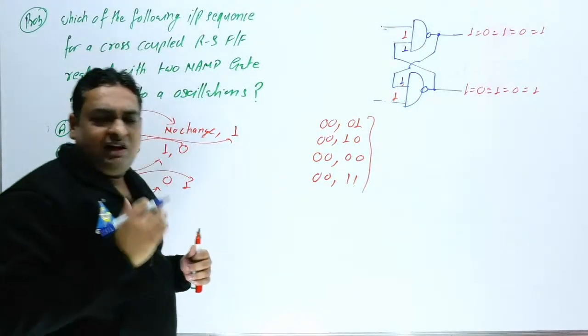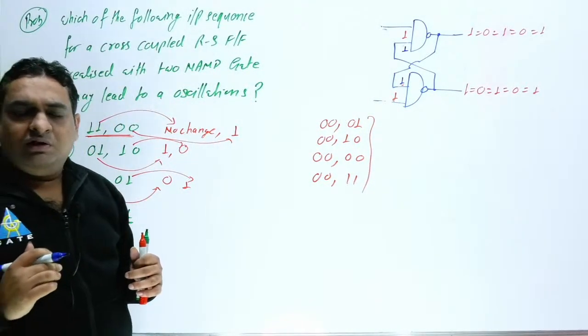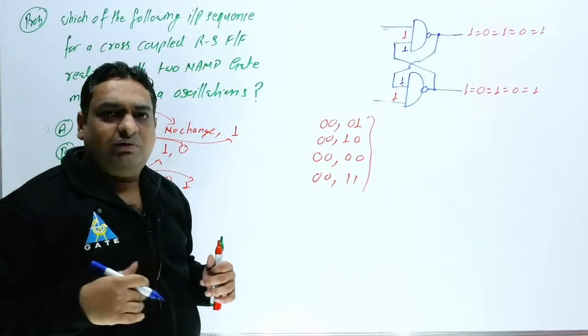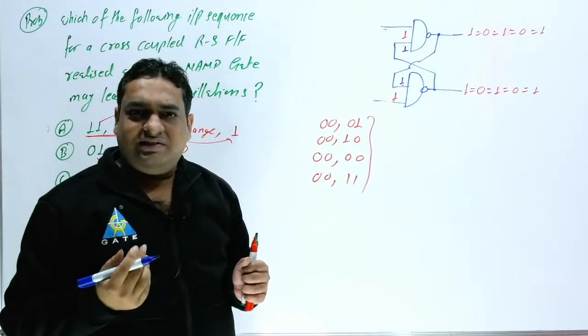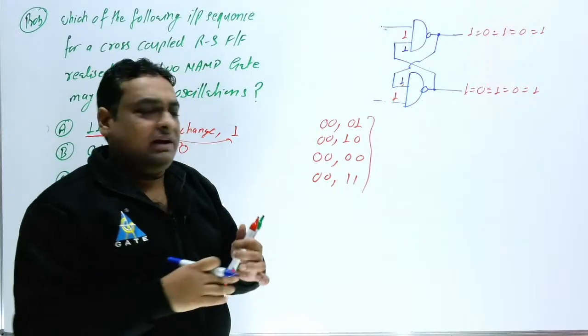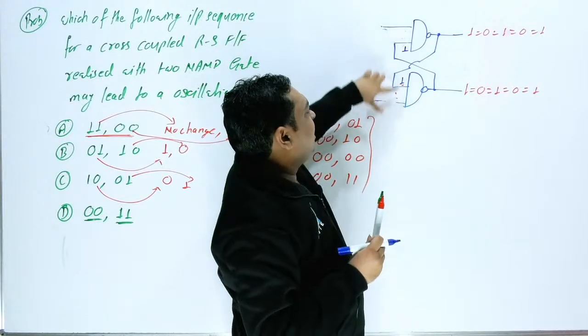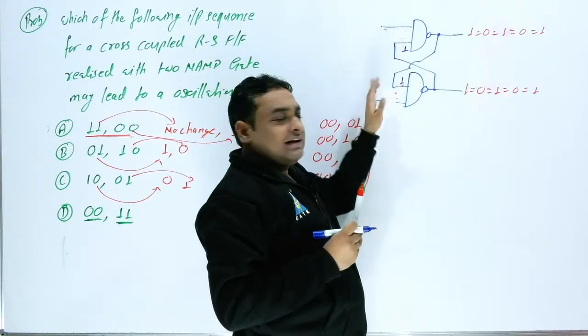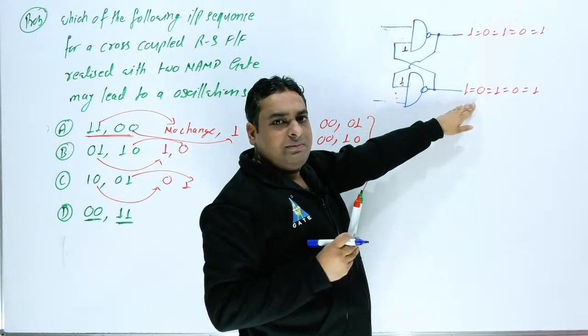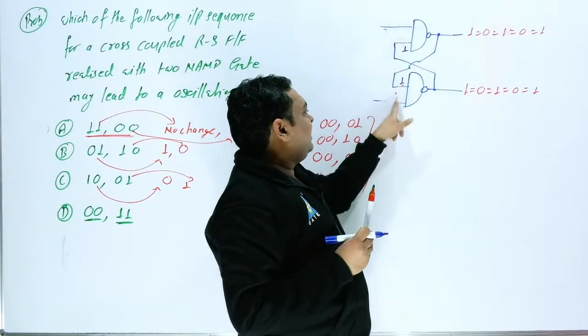So if both second inputs are 1 1, the second input will decide what the output will be. If any one of the second inputs is 0, then the output will be fixed. So that will depend on the second input.